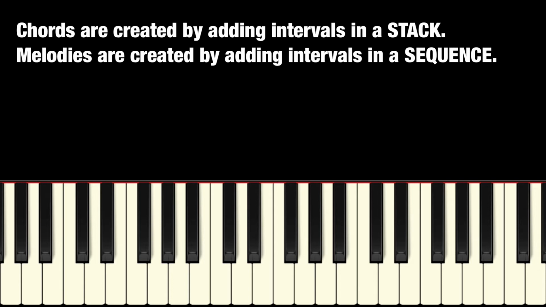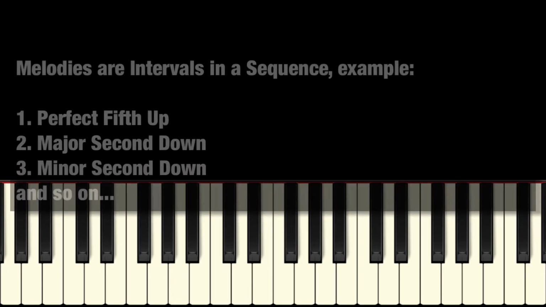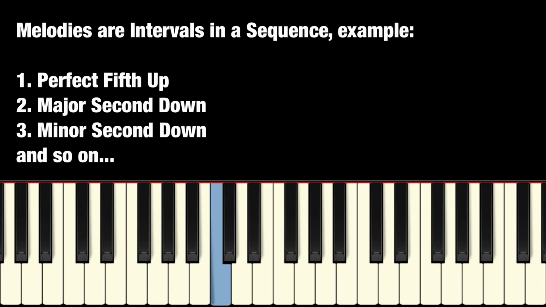And when you create melodies, you are basically adding intervals in a sequence, like this. So I went from, that's a perfect fifth, that's a major second down, and so on.